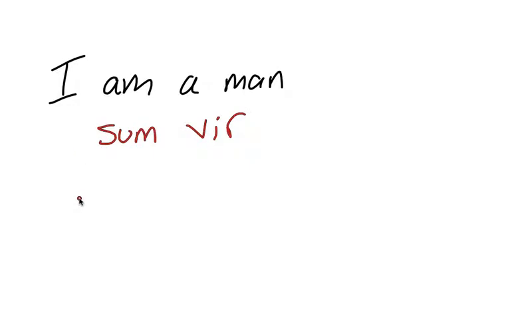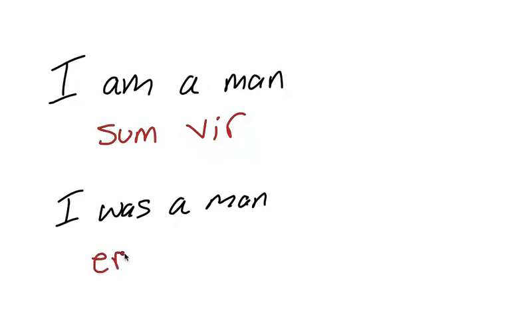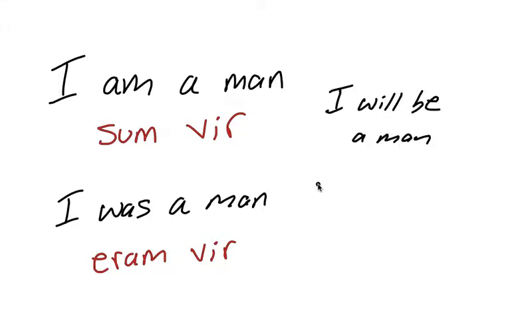If I change this to imperfect and I said I was a man, then I'm changing sum to imperfect so that it's eram vir. And if I wanted to say I will be a man, then I would make it future and I would say ero vir. Okay, all of these examples are first person singular, they're just different tenses. Sum is present, eram is imperfect, ero is future.